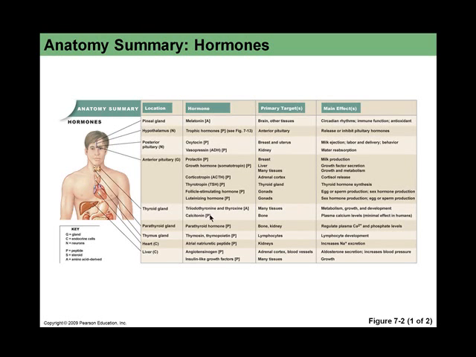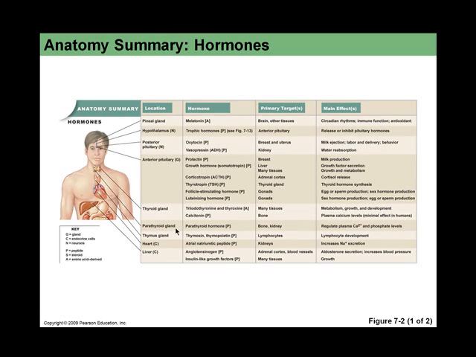Calcitonin is a peptide, and it is targeting the bone, cells of the bone, responsible for contributing to plasma calcium level maintenance. There's a minimal effect of calcitonin seen in humans.